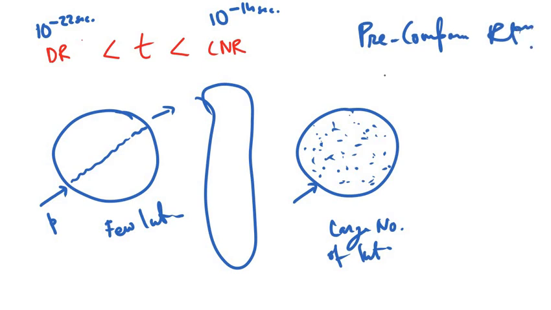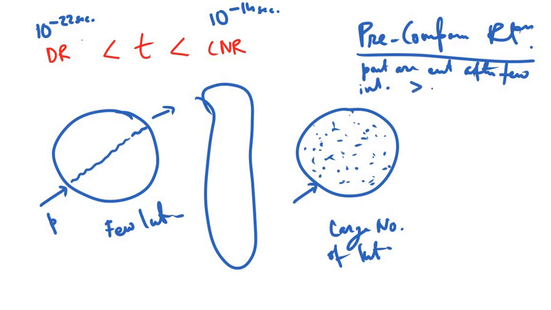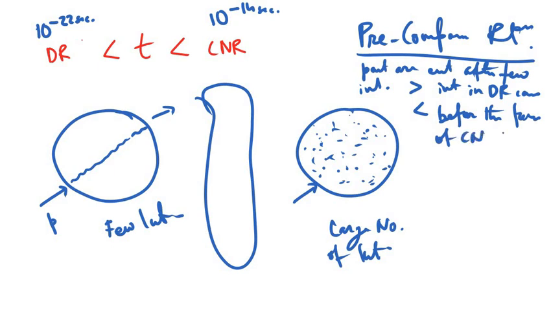In this pre-compound reaction, particles are emitted after a few interactions, which is more than the number of interactions in the direct reaction case and less than the number of interactions in compound nucleus. Basically here the number of interactions is much lower, and so particles are emitted before the formation of compound nucleus.